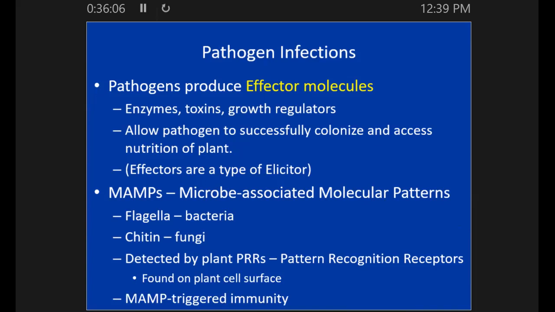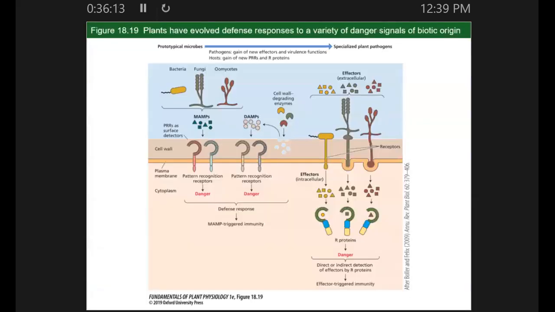All right. So we're going to look at that in a picture here. Next, let me pull that. So here on the left, you're seeing what I just talked about, where you have MAMPs coming off of the flagella of the bacteria, or maybe there's some chitin cell wall material that is docking into these PRRs, pattern recognition receptors.